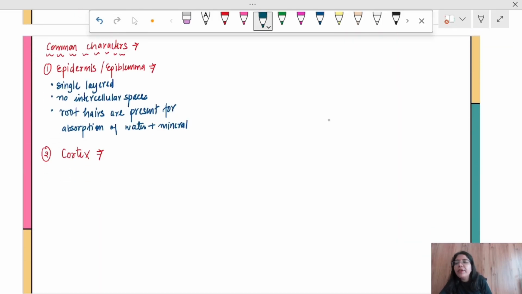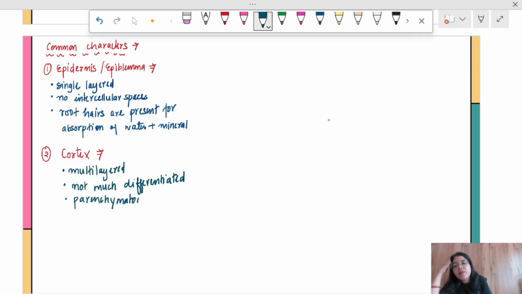So cortex, you have to remember, is multi-layered and not much differentiated. Only endodermis is present as the last layer of cortex. It is parenchymatous in nature. Epidermis is also parenchymatous, I am not writing it because you have learned epidermal cells are parenchymatous cells. So cortex cells are also parenchymatous.